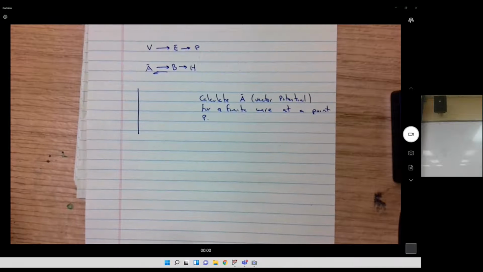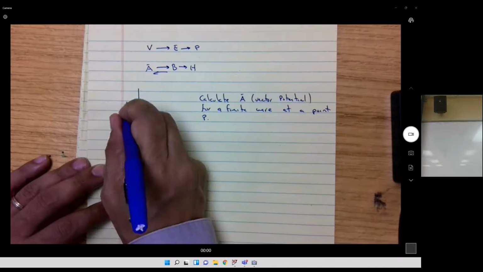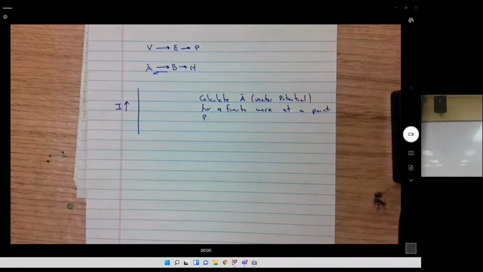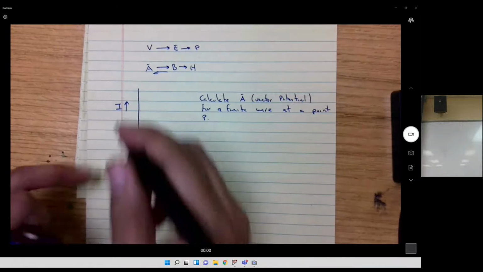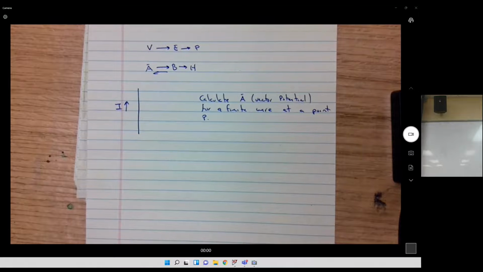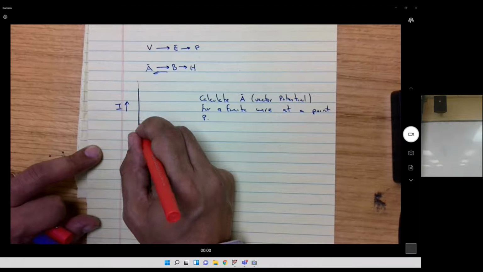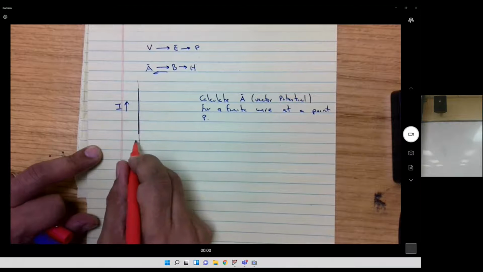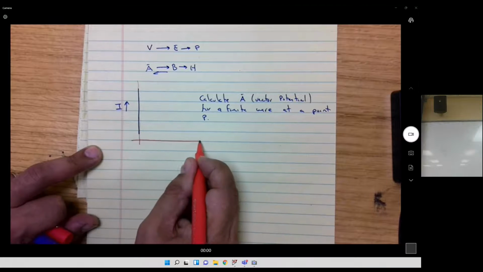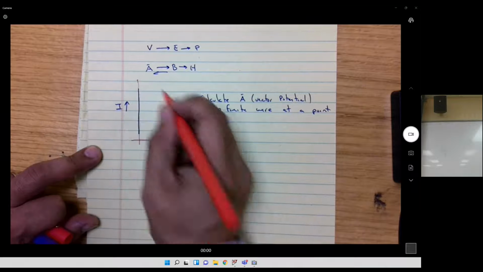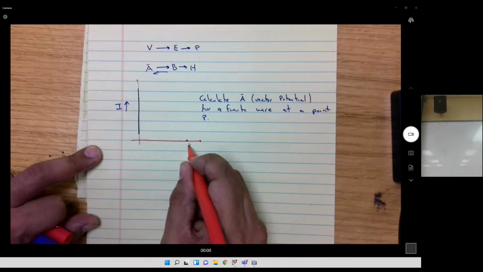Okay, so I'm going to have a wire. This wire is going to have a current, and I'm going to assume that this current is constant. And I'm going to place this wire along the z-axis. I'm going to do it with red. Okay, and I'm going to have a point P here.